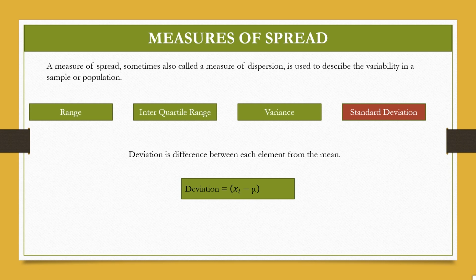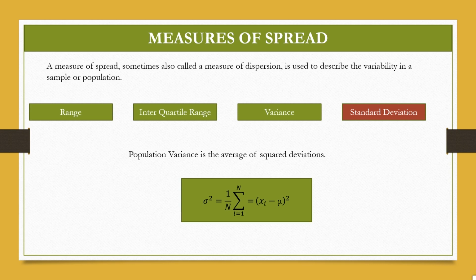Now, population variance and sample variance are very specific to whether you are calculating the variance in your population dataset or in your sample dataset. The formula for population variance is pretty self-explanatory. Here x is each data point, mu is the mean of the population, and n is the number of data points in your data set.